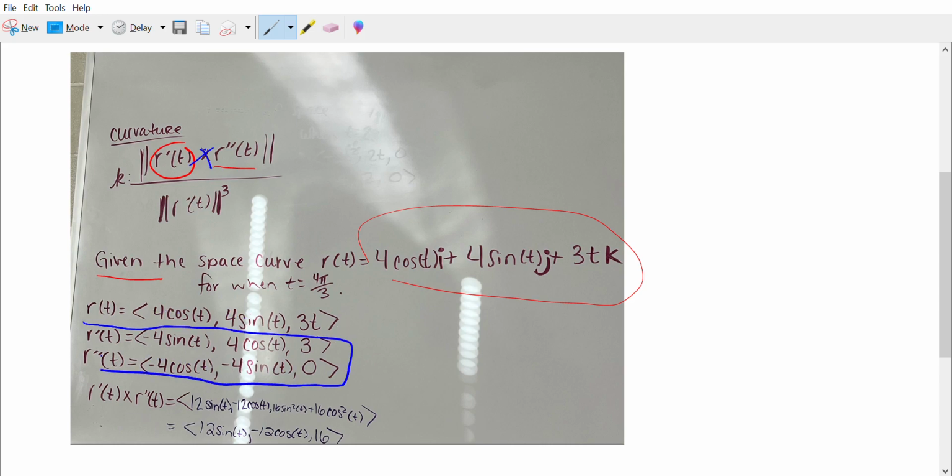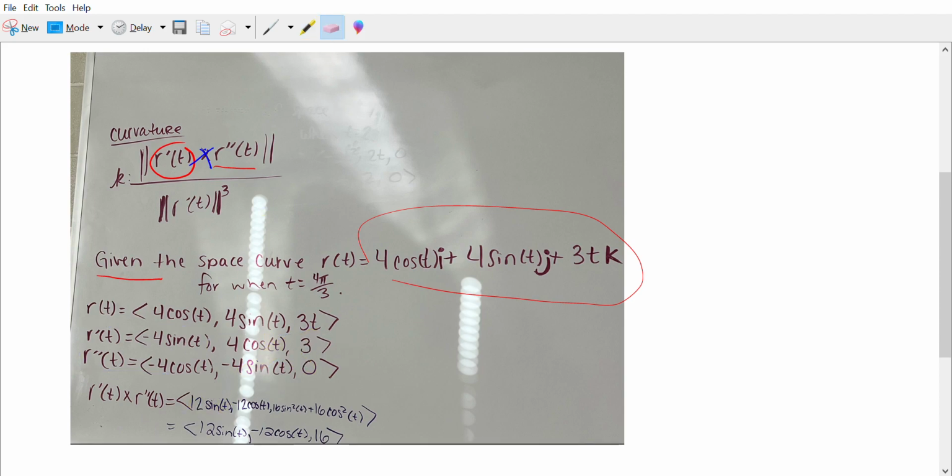For the first component, we do 4 cosine t times 0, so 0, minus, and then multiply here, that would be negative 12 sine t, and 0 minus negative gives us positive 12 sine t.